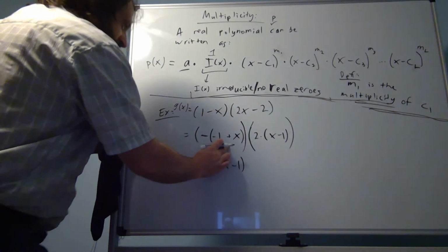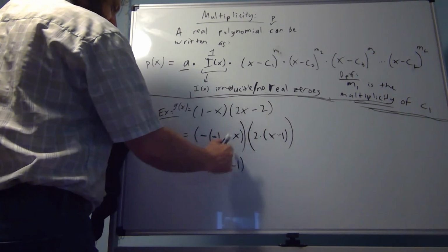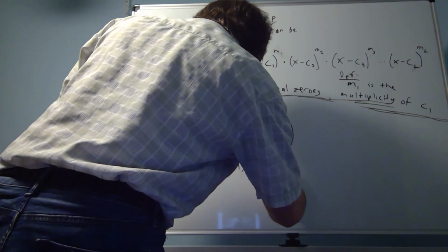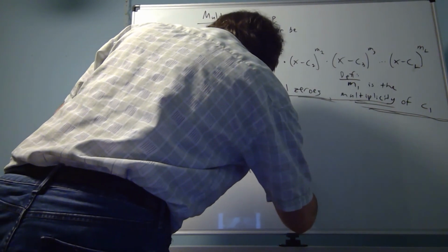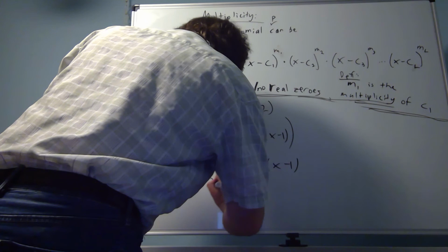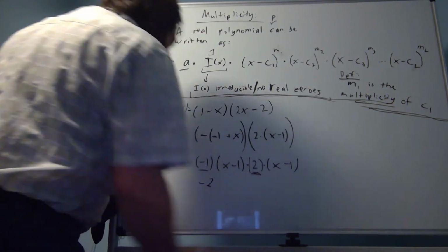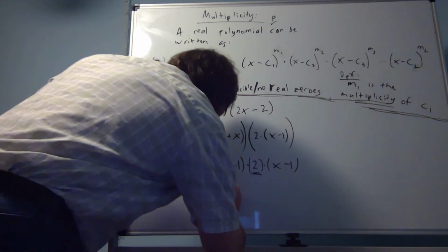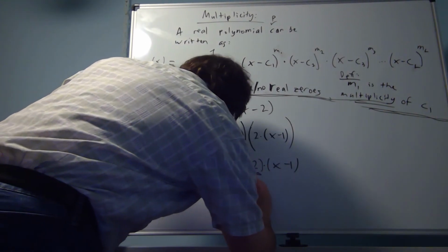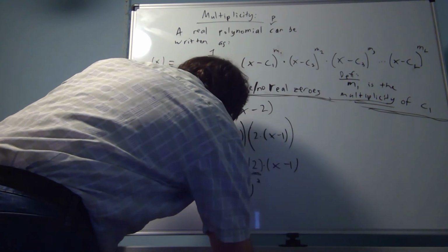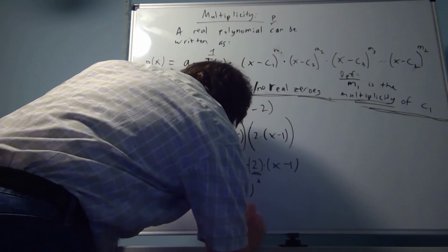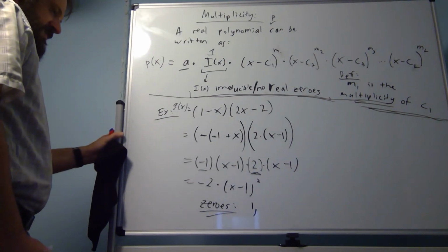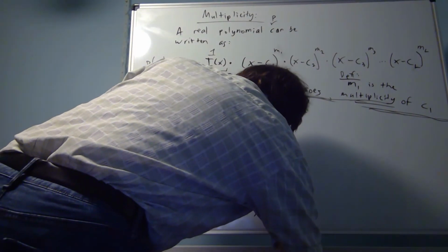This is negative 1 times x minus 1, because that's x and that's minus 1. This is times 2. This is times x minus 1. So we've got negative 2. So we just group those two constants together and multiply. And then we've got x minus 1 squared. Zeros of that are x is 1 is how you make that expression equal to 0. And then there are two factors.